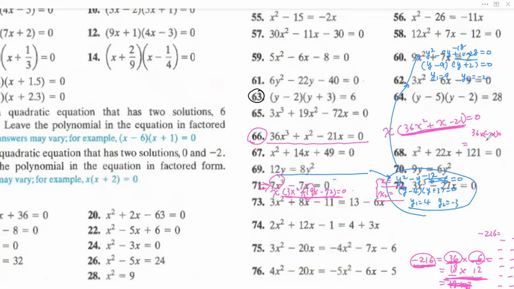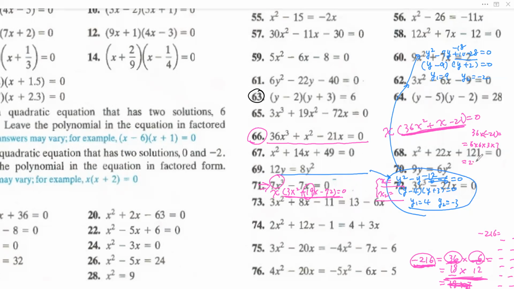Let me see, it's 756. So 6 times 6 times 3 times 7. So find the two numbers whose difference will be exactly 1. That's a little bit challenging, right?